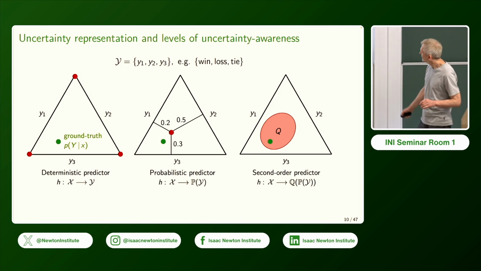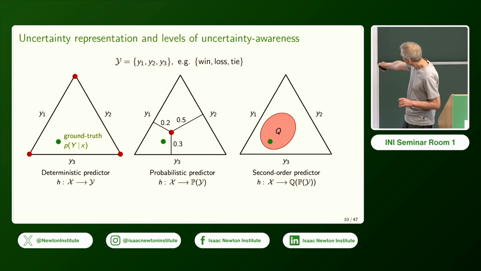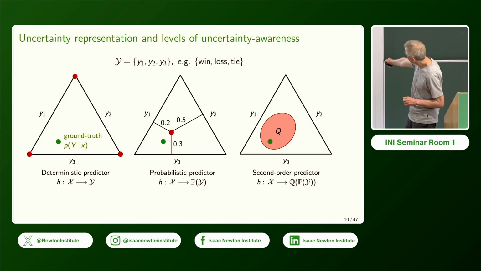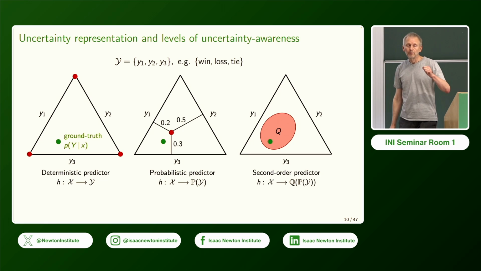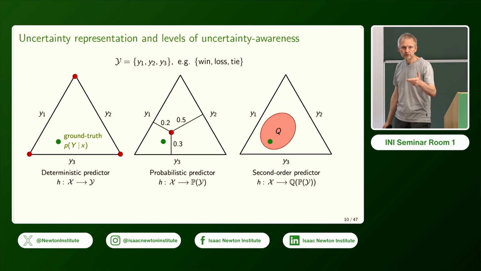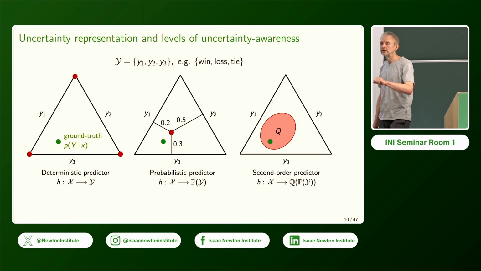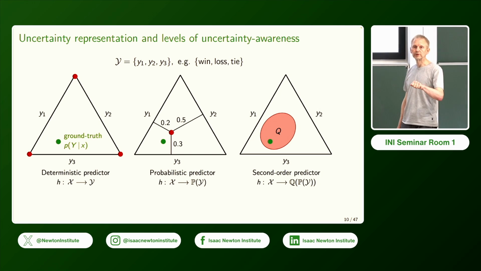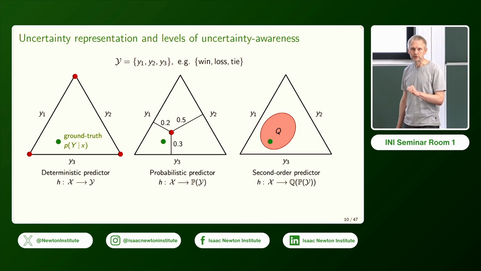And there are different ways in which such predictions could be represented. The Q here can be of different type. One natural choice would be again a probability distribution, which means that this learner here predicts a second order distribution, a probability distribution over probability distributions. Another choice, also not uncommon in the literature, is a credal set, where you predict just a set of probability distributions.